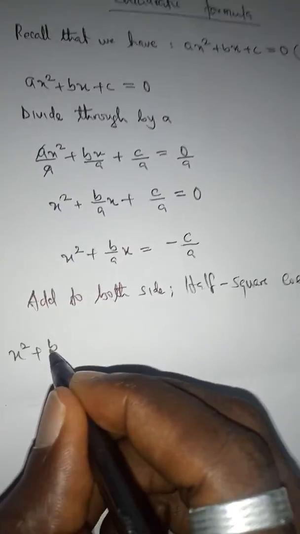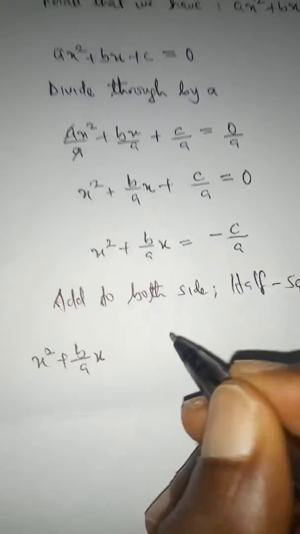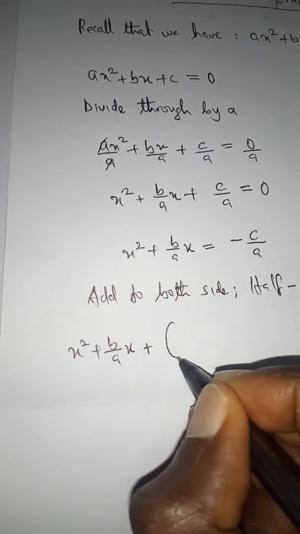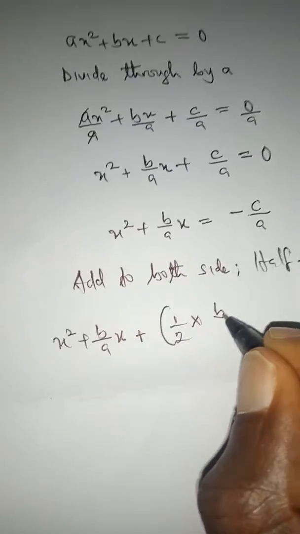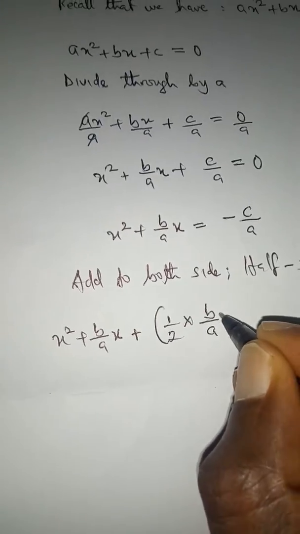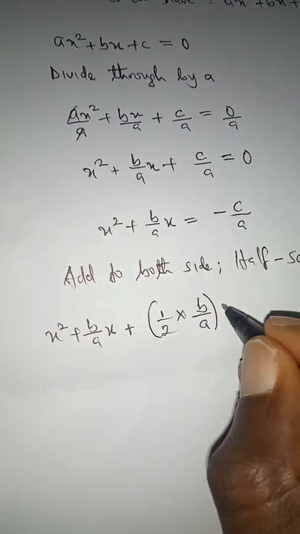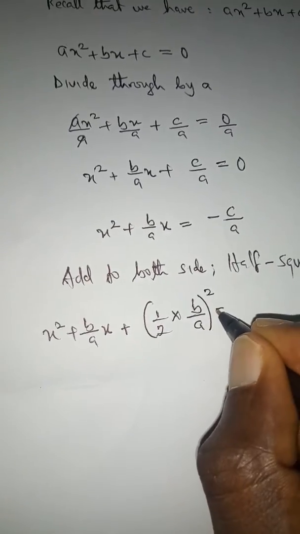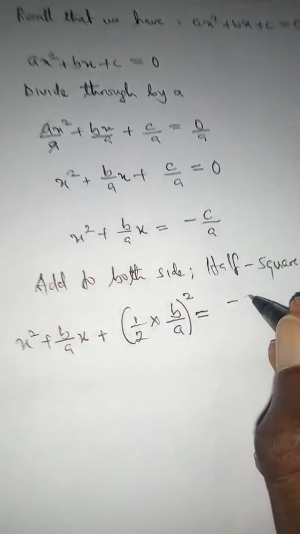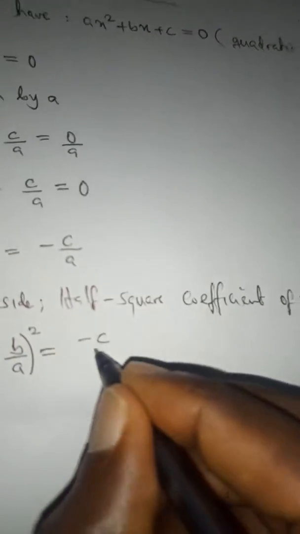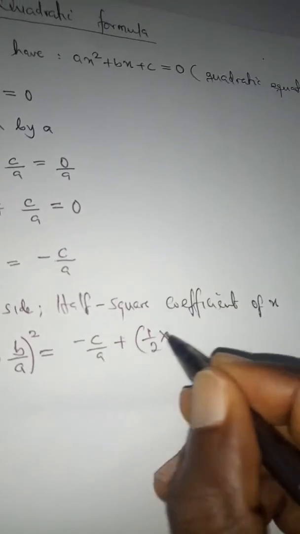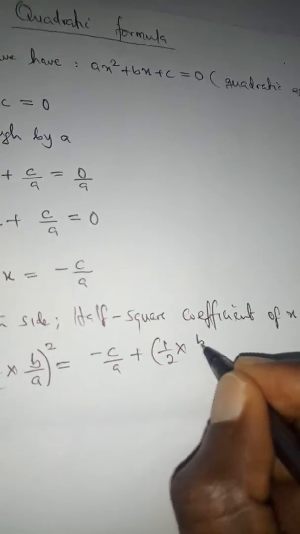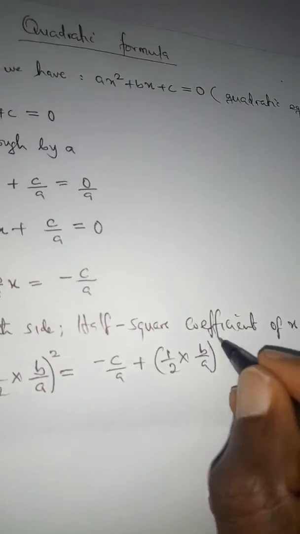So we now have x squared plus b over a x plus, open brackets, half times the coefficient of x, which is b over a, everything squared, equals minus c over a plus, open brackets, half times the coefficient of x, everything squared.